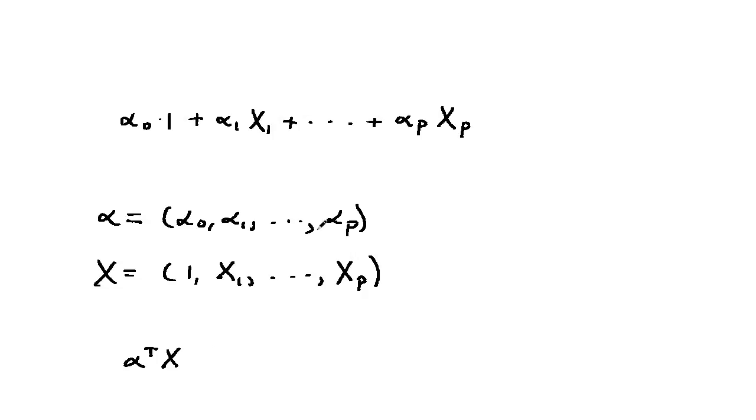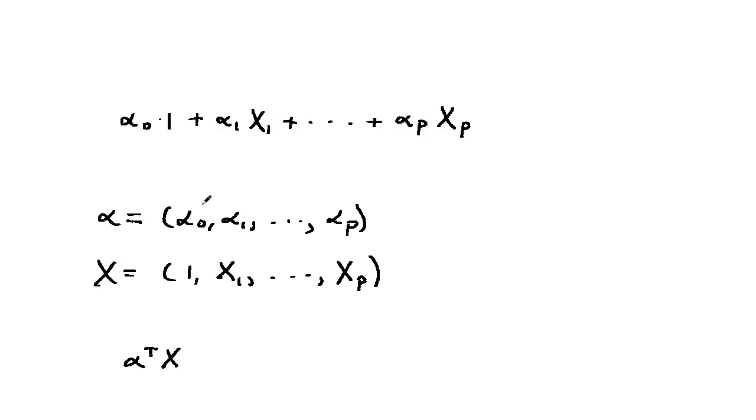Now, suppose we take a linear combination of the input units, so alpha 0 times 1 plus alpha 1 x1 plus dot dot dot plus alpha p xp. Letting alpha be alpha 0 through alpha p and x be 1 comma x1 through xp, we can rewrite the linear combination as alpha transpose x.